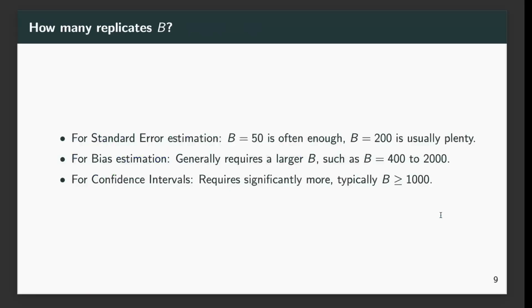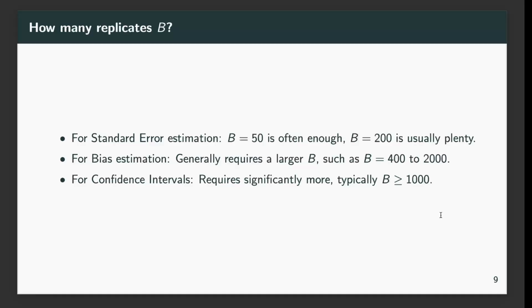The next question is a practical one: how many bootstrap replicates B do we need? This is a question we always ask, and the answer depends on what we are computing.